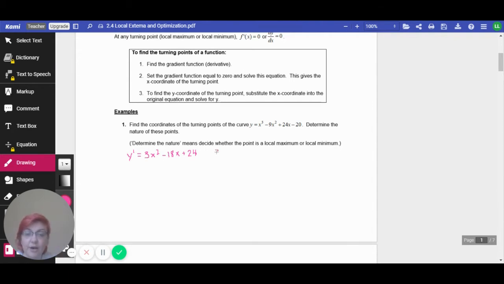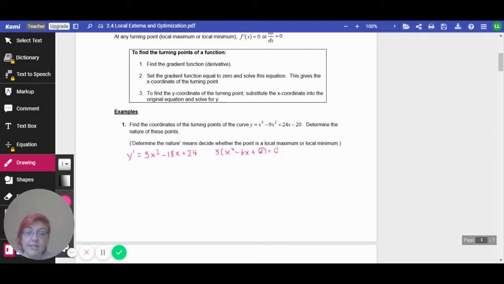So I'm going to factor out the 3, which leaves me with x squared minus 6x plus 8, and that is equal to 0.